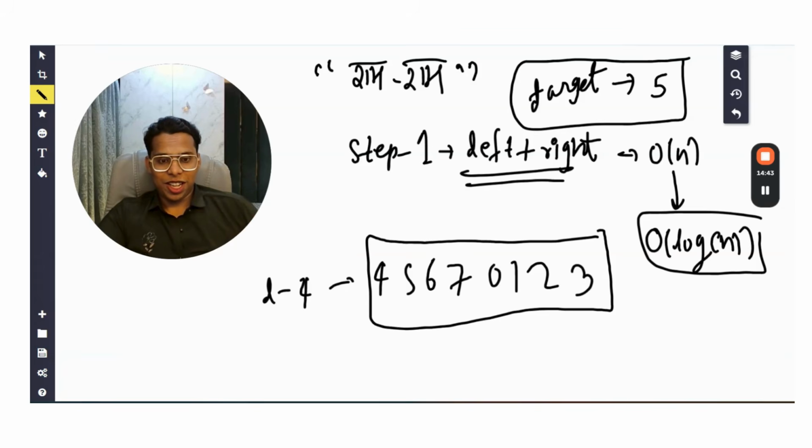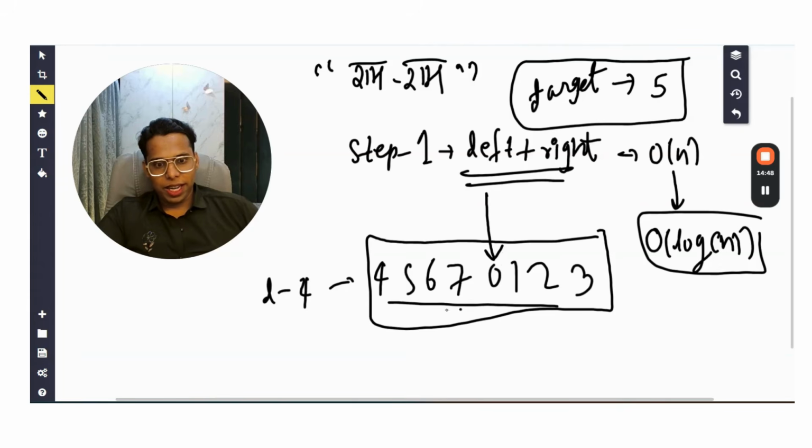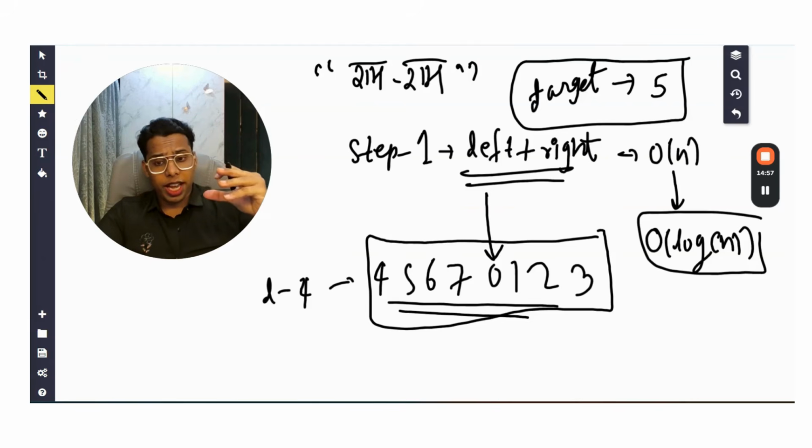Yes, you can. You are trying to find the minimum element of this left rotated array, or you can call it a right rotated array. In the end, I will show you the left rotated array. A left rotated array can also be generated by some number of right rotations, so nothing to fear.